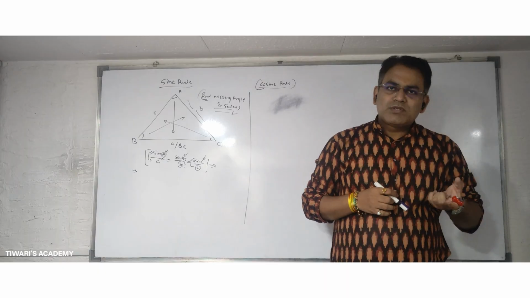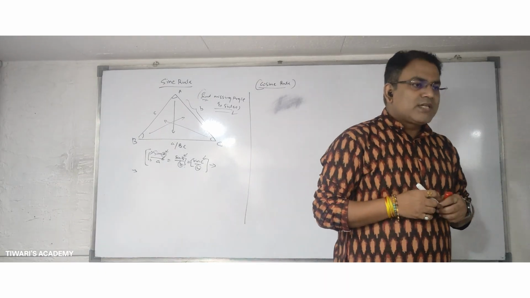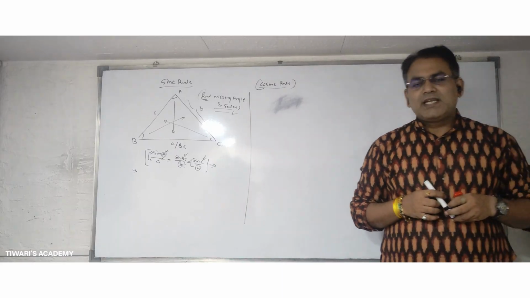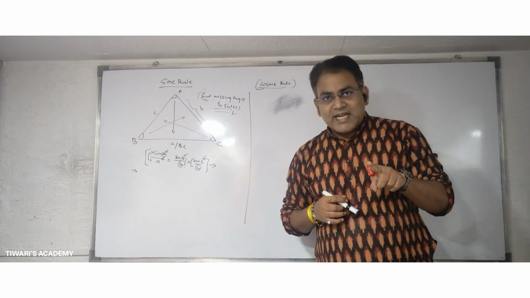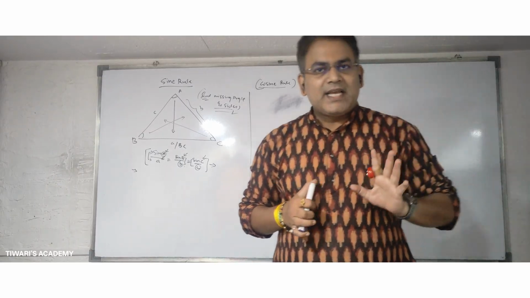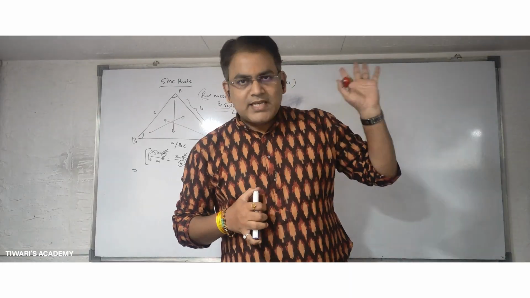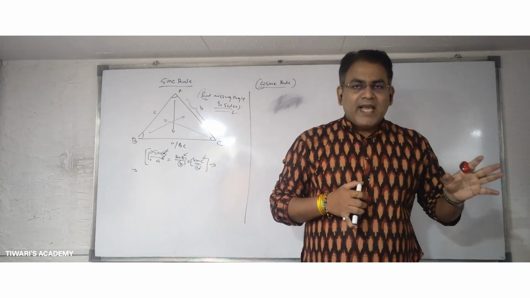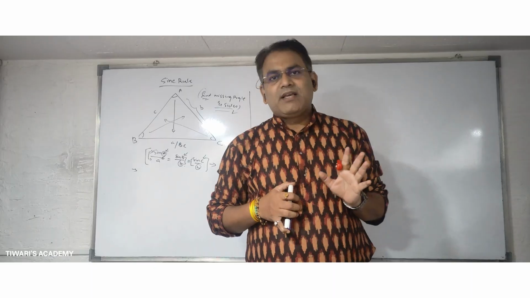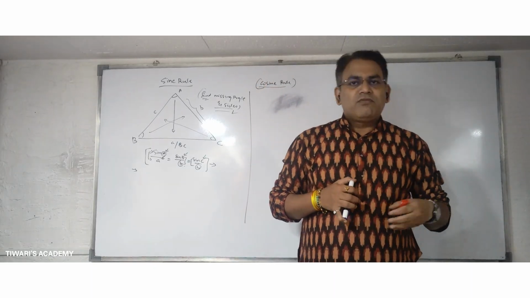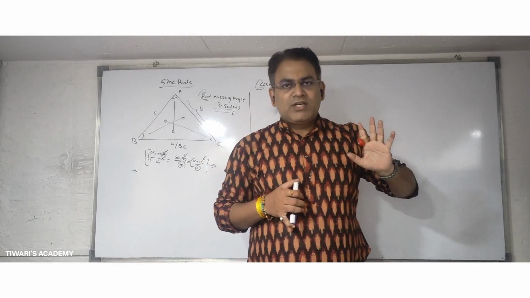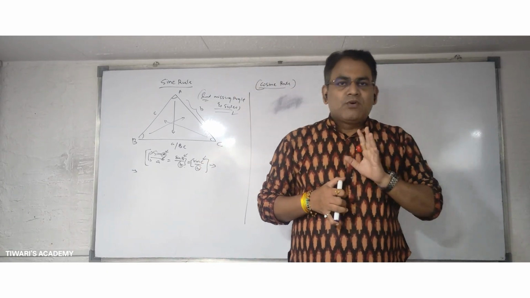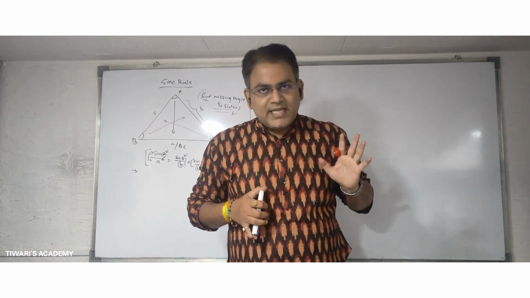What does cosine rule tell you? Cosine rule specifically applies when three sides are given to you and an angle is missing. When you have all three sides of a triangle given and you don't have any angle given, then in order to find the missing angle, I can use cosine rule.